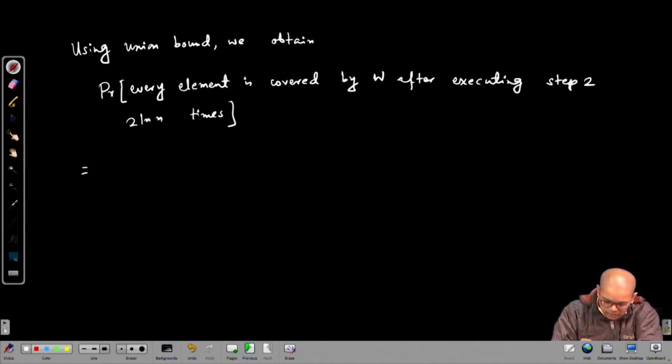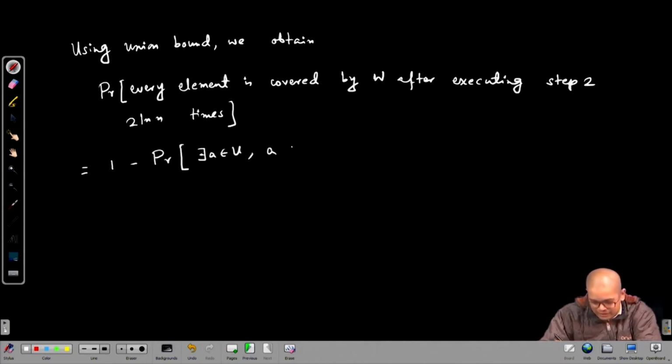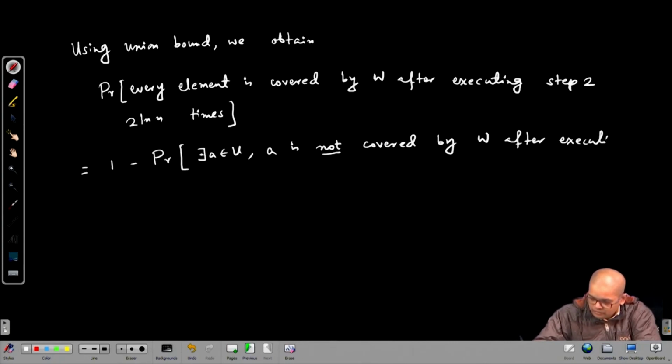This is 1 minus the probability that there exists an element A in U such that A is not covered by W after executing step 2 twice ln n times.